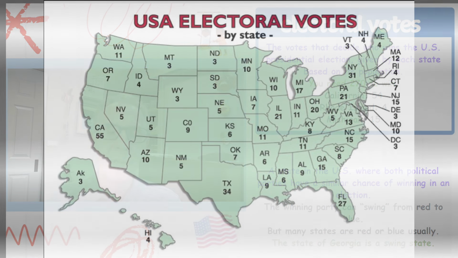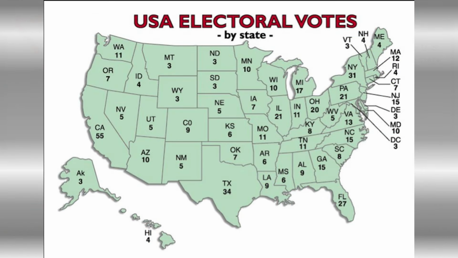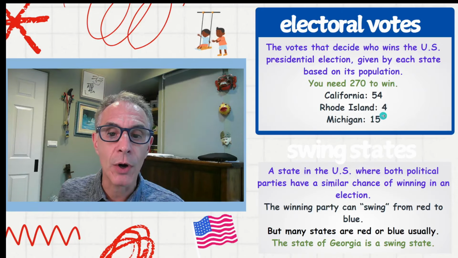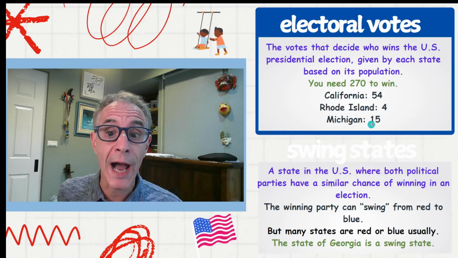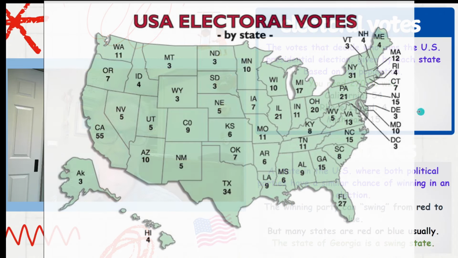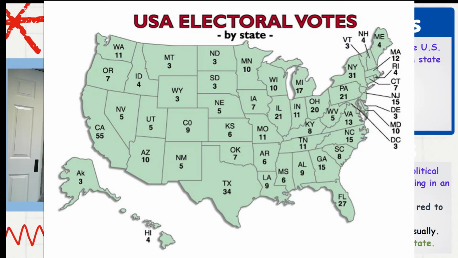So, for example, California has 54 electoral votes because California has a lot of people living there. But there's another little state in America called Rhode Island. Rhode Island has 4 votes because not many people live in Rhode Island. A state like Michigan has 15 electoral votes.